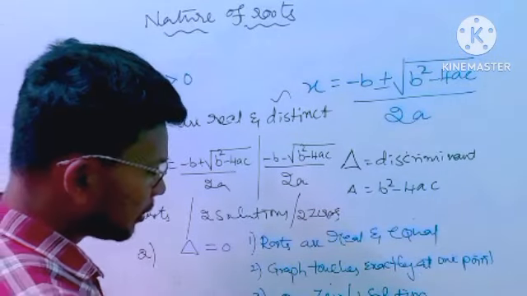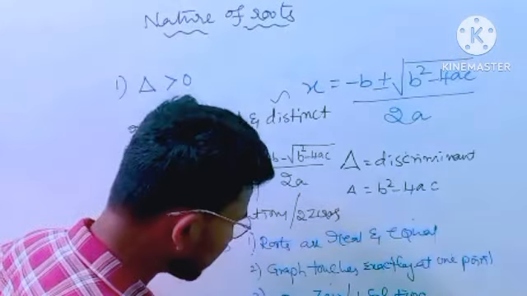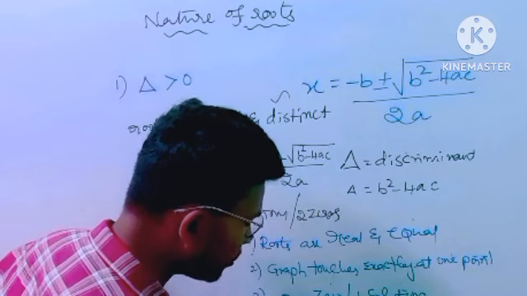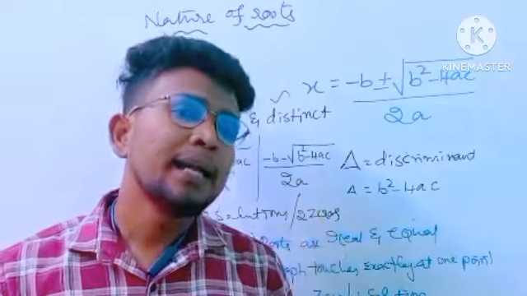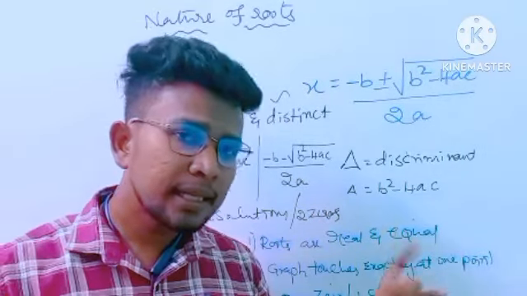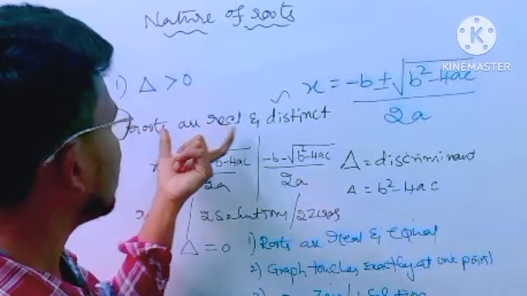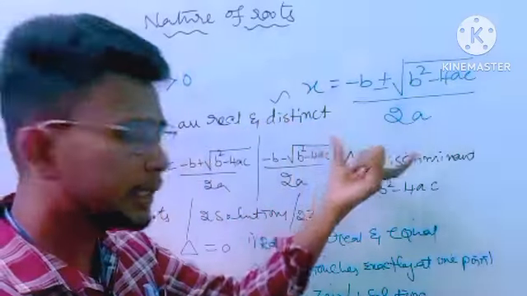Now for this, the roots are real. The formula is x is equal to minus b by 2a. We can use this formula for the given polynomial. If delta value is greater than 0, the roots are real and distinct.